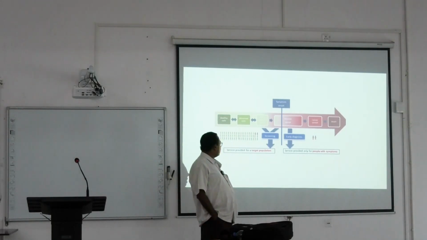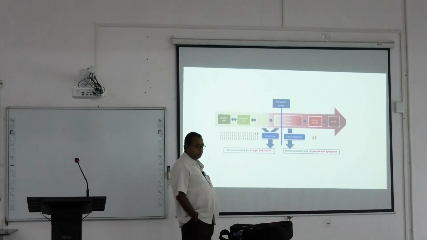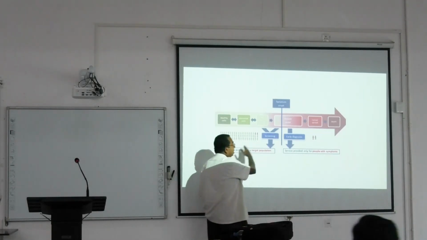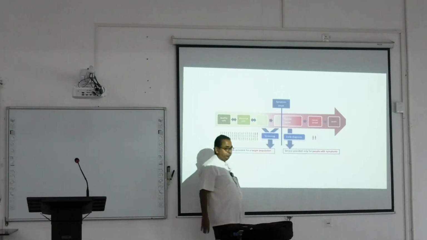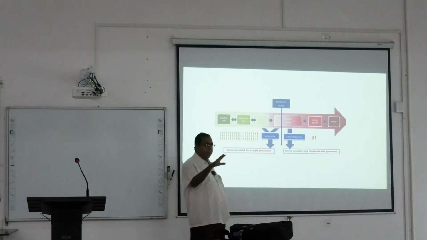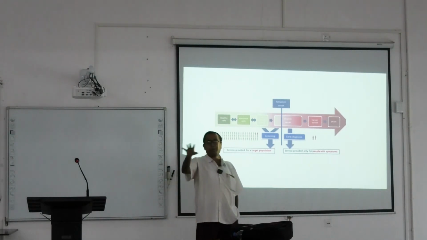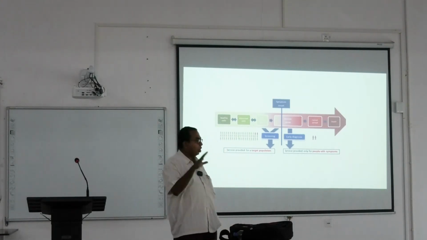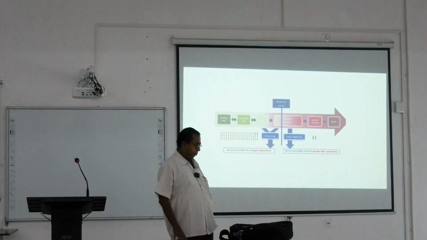We can divide these cancer patients into two groups. One is before symptoms and the other is after symptoms. When we target a patient or a population to identify those patients with cancer who do not have symptoms, and we can also go to the patients who have symptoms.